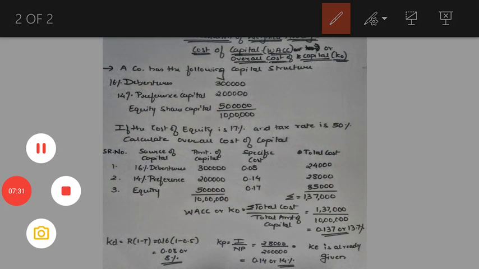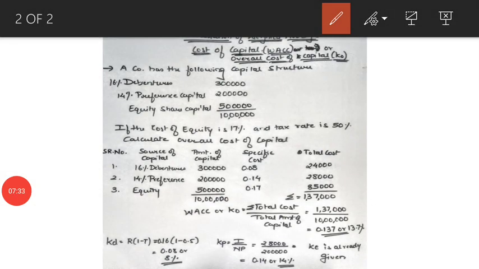It depends on multiple sources of capital. It may depend on debt and equity, or on equity, preference and debt, all three, or on debt, equity, preference as well as retained earnings. So we cannot say that a company will depend only on one particular source of capital. It uses multiple sources to collect its money to run the business.